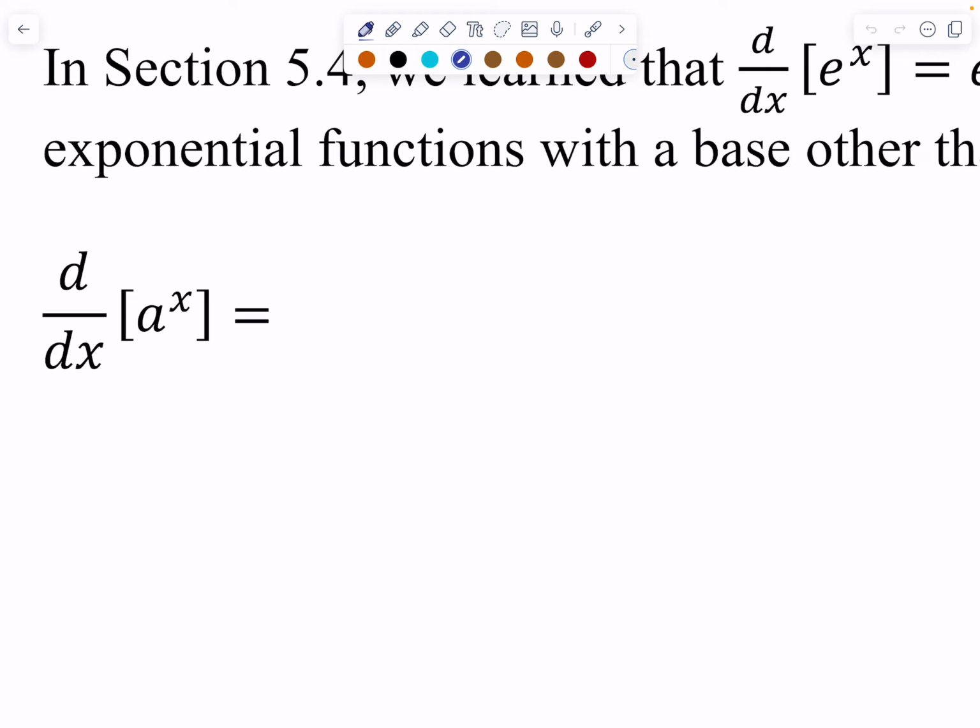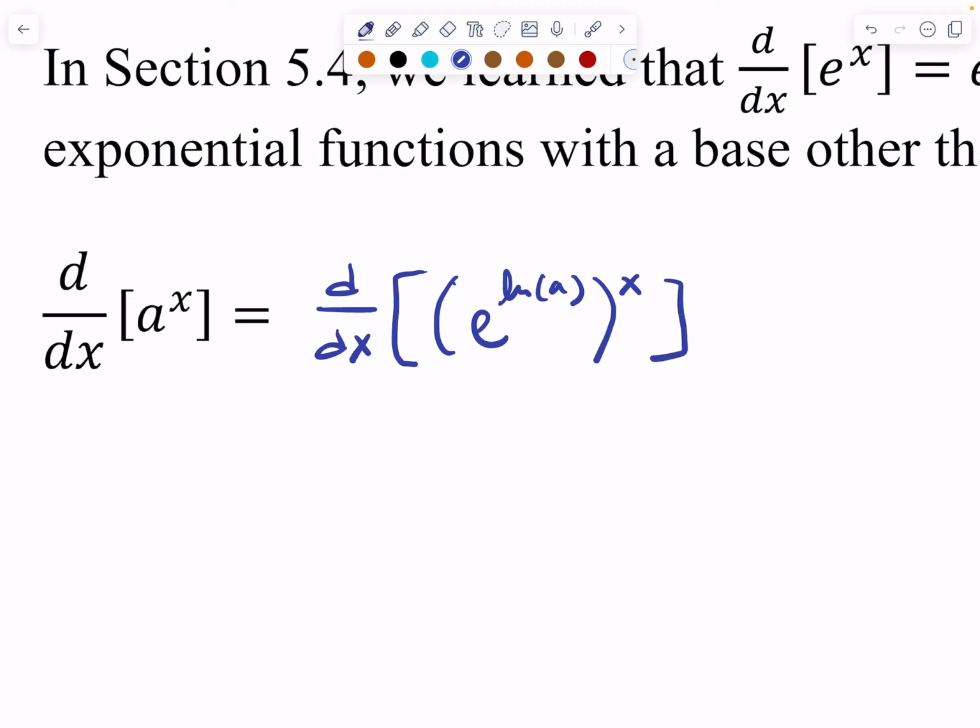And the way that we could do this is by using a log property. So we can think about kind of going in the reverse of the log property that we're familiar with and rewriting a as e to the natural log of a, which we know would simplify to be a.